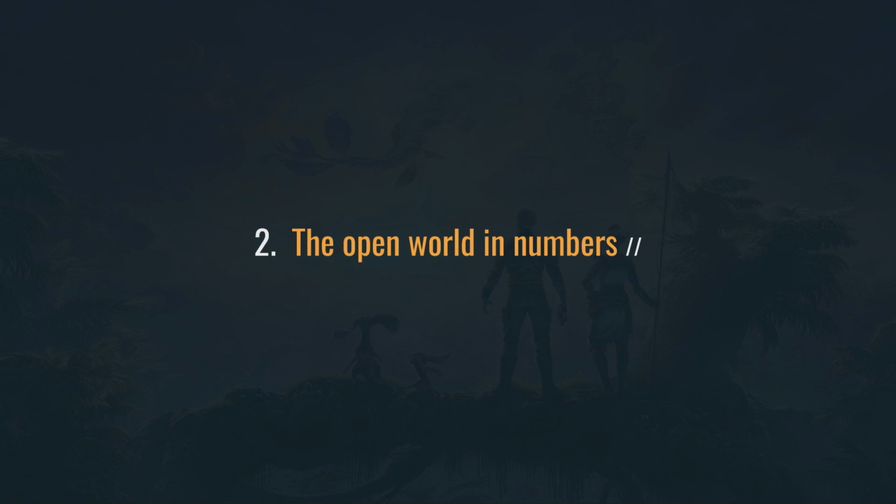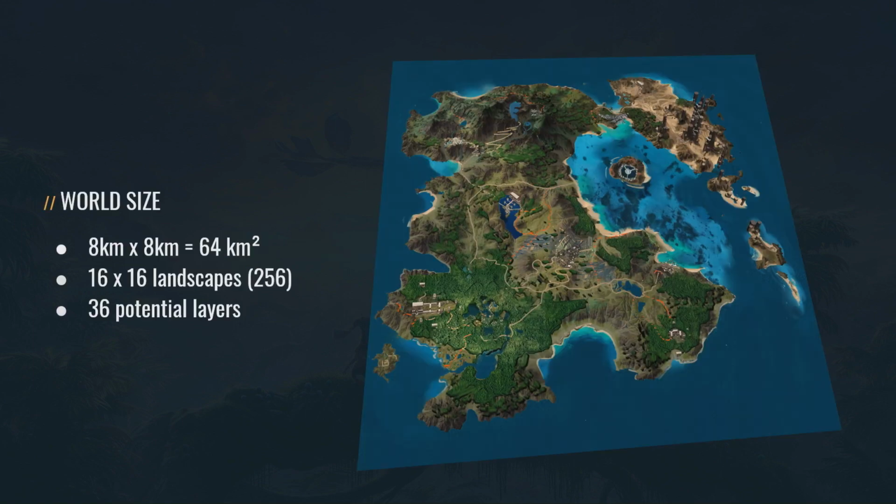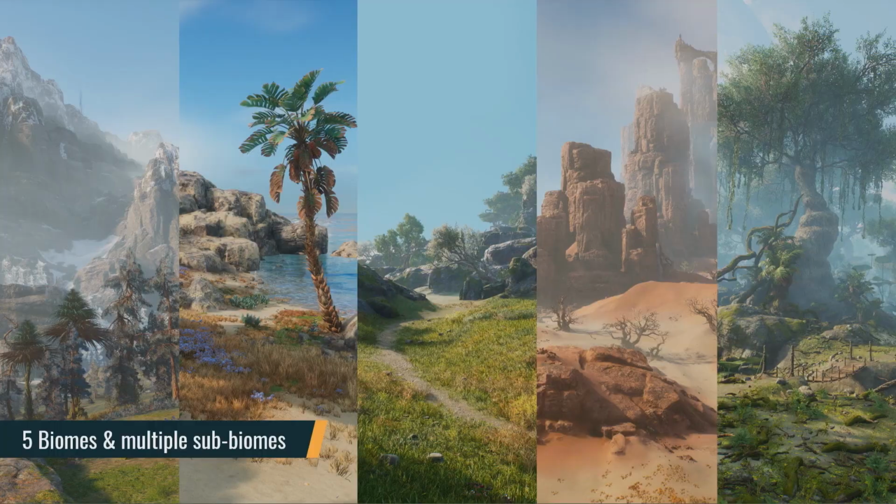So now let's talk a bit about numbers in our open world. Our world size is 64 square kilometers, and we have 256 landscapes, and we have more or less 30 layers that we can paint on the landscapes.